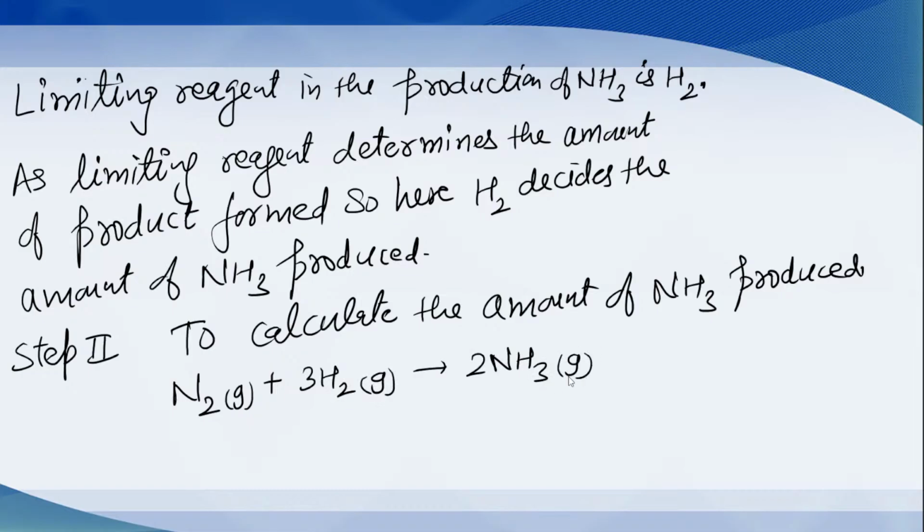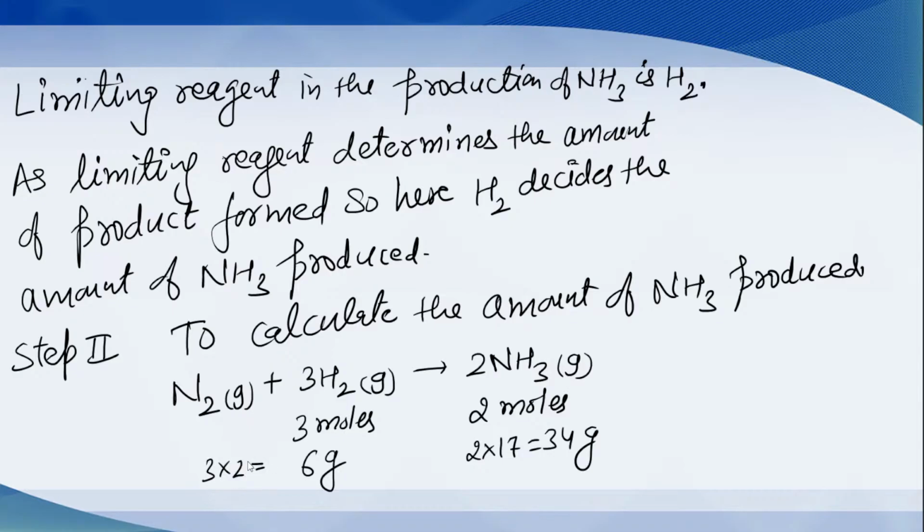This is the balanced chemical equation. Just focus on hydrogen only, because hydrogen is the limiting reagent. So 3 moles of hydrogen will produce 2 moles of ammonia on reacting with nitrogen. Convert them into mass. 3 moles of hydrogen is equivalent to 6 gram, and 2 moles of ammonia is 2 into (14 plus 3), 17, means 34 gram.